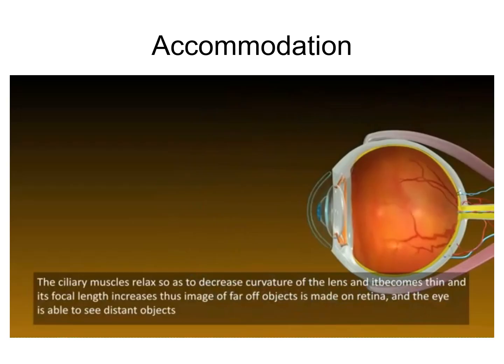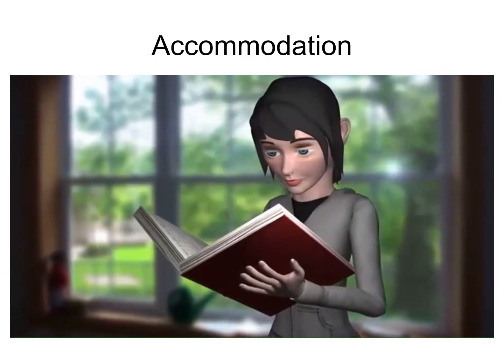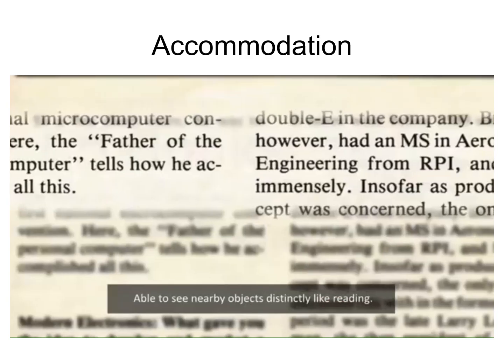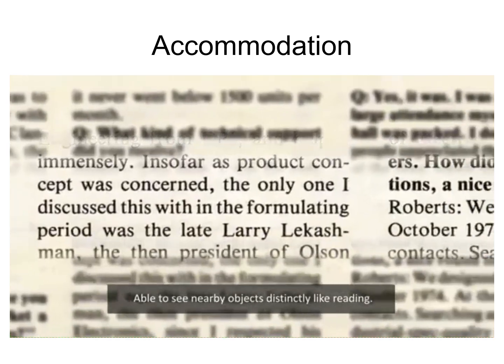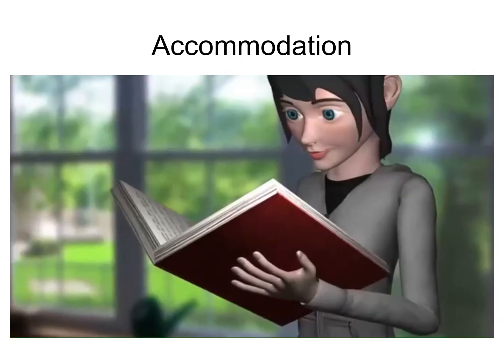Thus, the image of far-off objects is made on the retina and the eye is able to see distant objects. To see nearby objects, the ciliary muscles contract to increase the curvature of the lens and it becomes thick. Thus, the focal length of the eye decreases and it is able to see nearby objects distinctly, like reading.